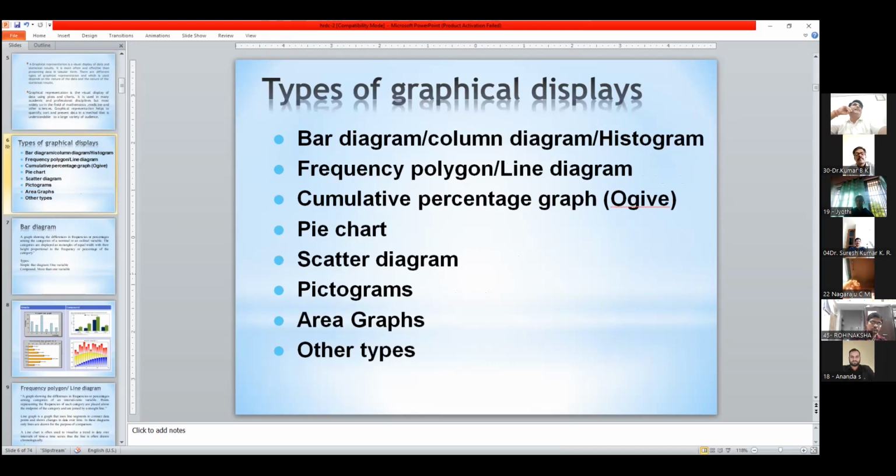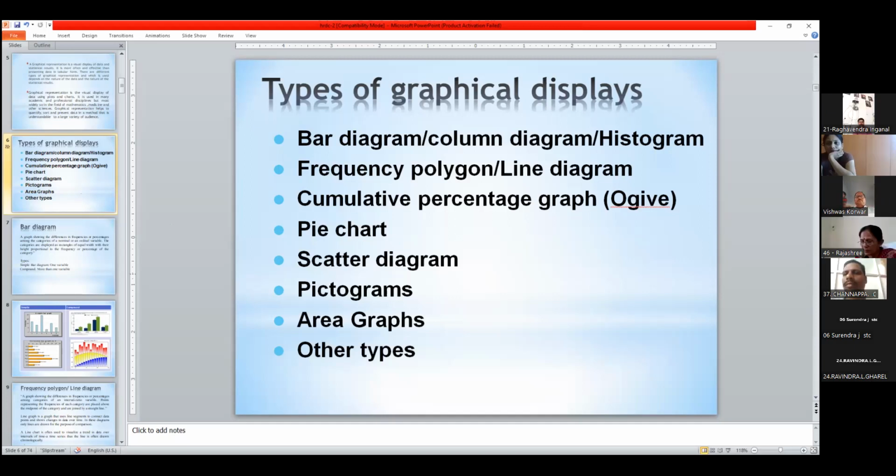There could be a pie chart, scatter diagram, pictograms, area graphs, and other types. So a series of graphical displays can represent your data. We'll look at them one by one, and most of them you are very familiar with.